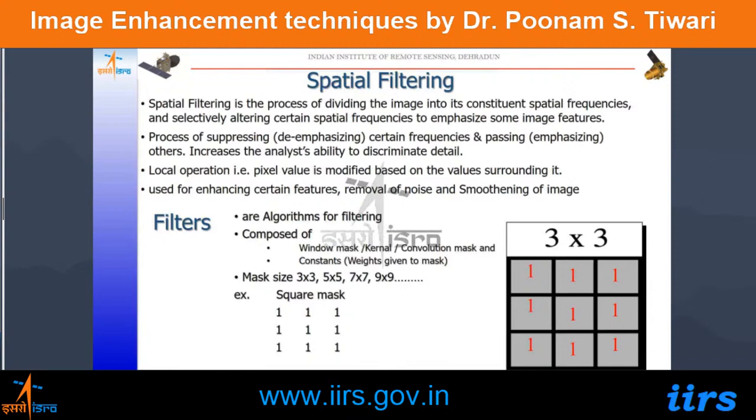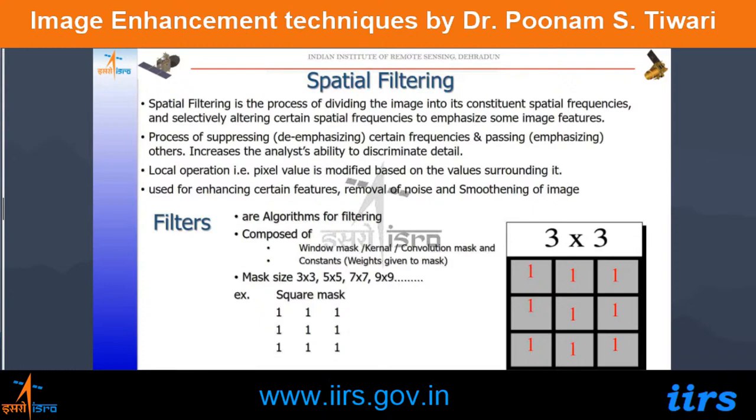It increases the analyst's ability to discriminate the details. It is a local operation, that is, a pixel value is modified based on the value of surrounding pixels also. So it is used for enhancing certain features. It is used for removal of noise and removal of salt and pepper effect from the image. So many things are there.